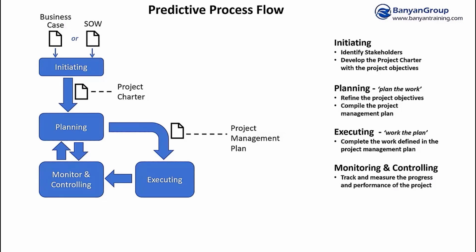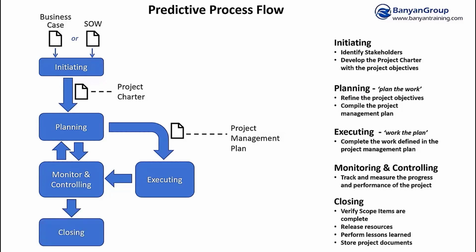Monitor and controlling then comes along, and monitor and controlling is measuring your performance in all areas of the project, and we talked about that earlier. And then once all the work is done, you move into closing. In closing, I'll repeat this again later, you verify the scope items are complete, you release resources, you perform lessons learned, and you store project documentation away.